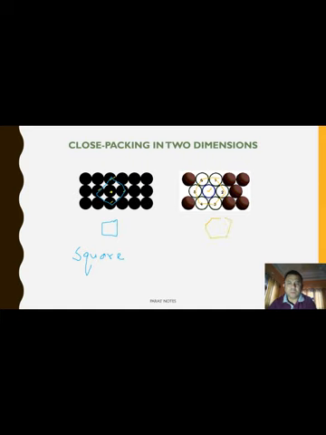Since a hexagon shape is coming, such kind of packing is called hexagonal packing. By the way, this is 2D. We are understanding 2D so that we can understand 3D packing better.